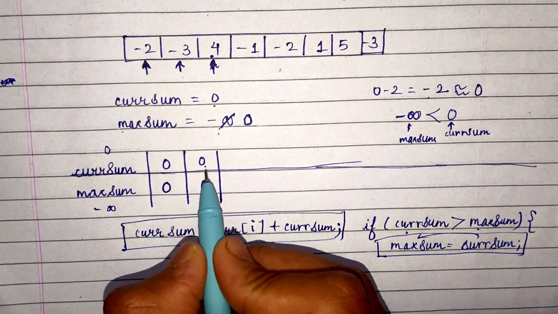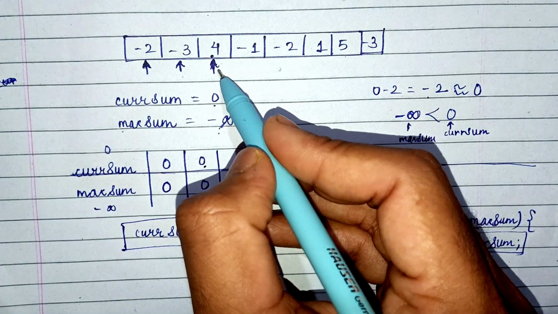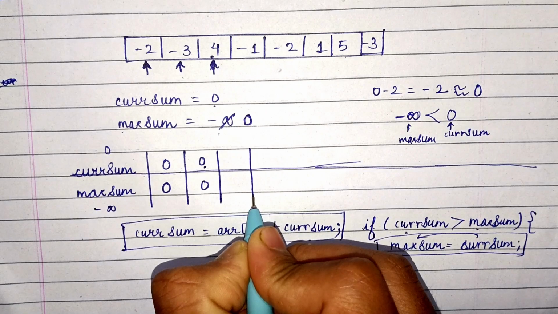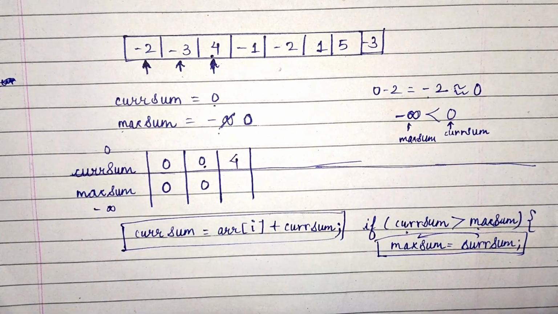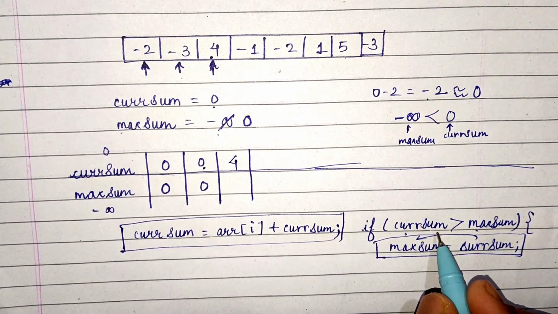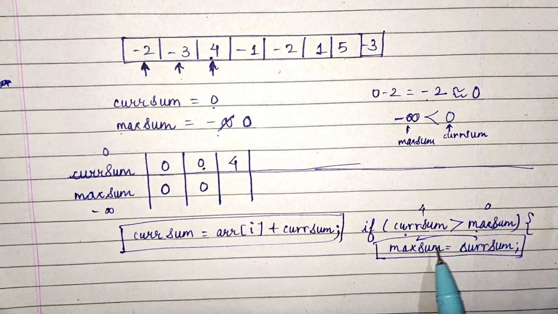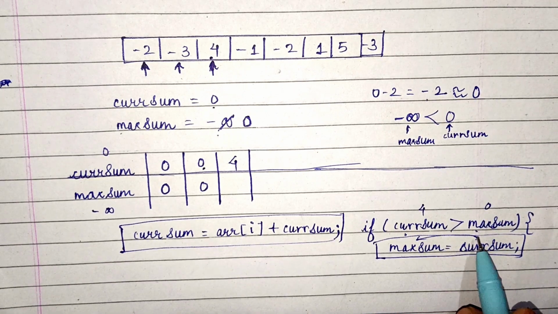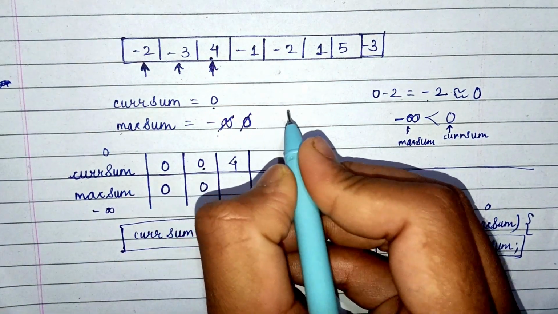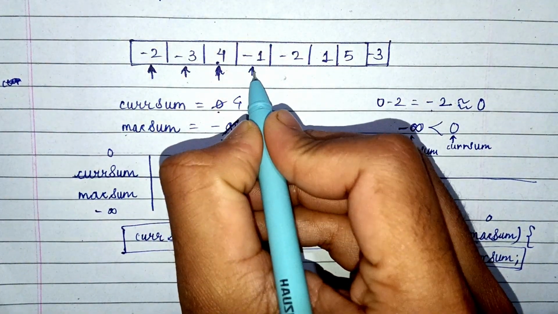The current sum is 0 and the array of I is 4. Then 0 plus 4, the current sum will be 4 and the maximum sum is 0. Since current sum is greater than the maximum sum, the maximum sum will be updated and become 4.